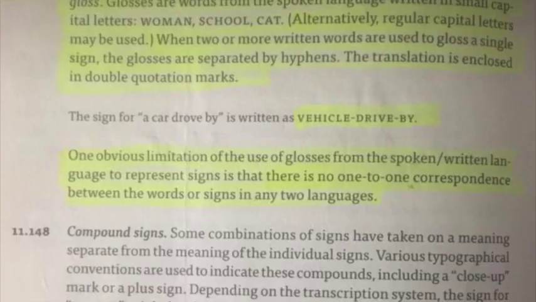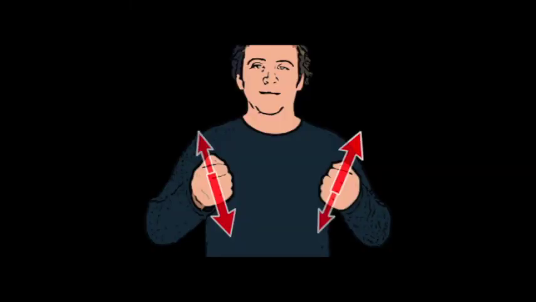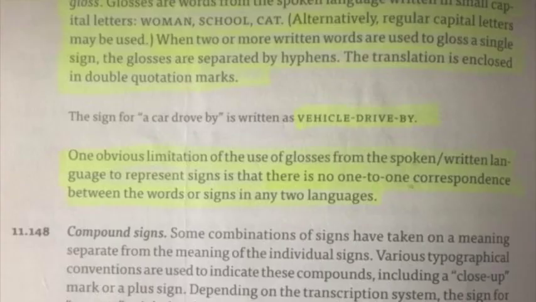Now, underneath, one obvious limitation of the use of glosses from the spoken written language to represent signs is that there is no one-to-one correspondence between the words or the signs in any two languages. So what that is basically saying is that even though you've got the written, which is the sign language, and the spoken, which is English, there's no correspondence between the words or the signs in any two languages.